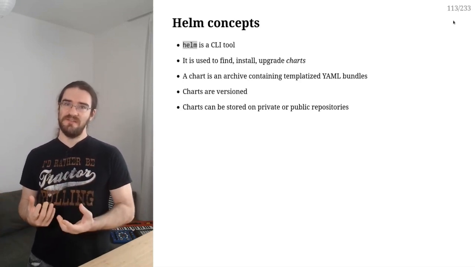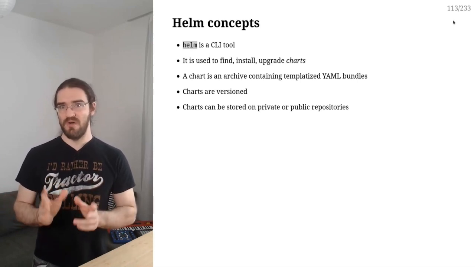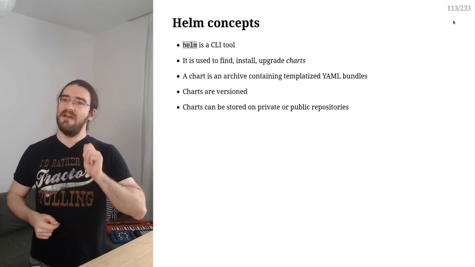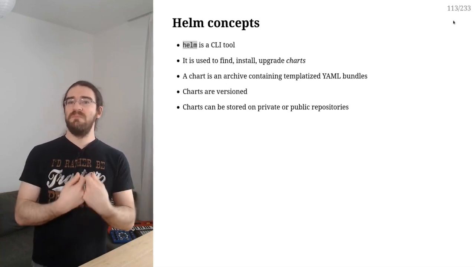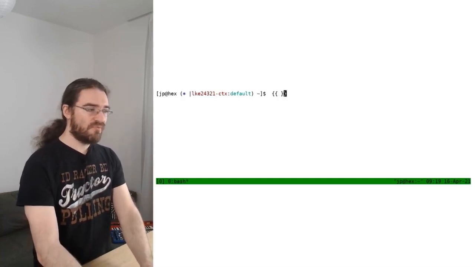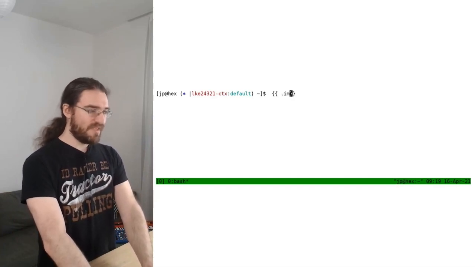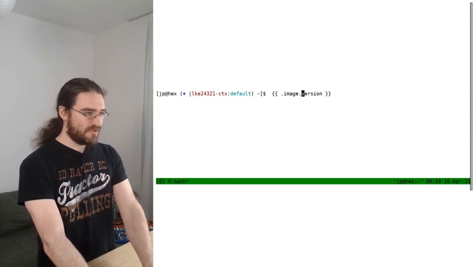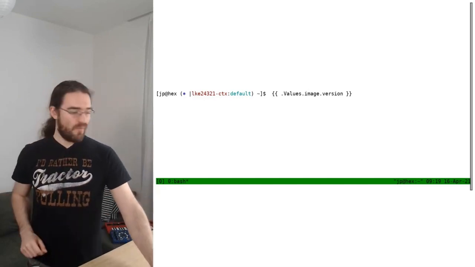A chart is basically a tarball, an archive, with a bunch of YAML files, like Kubernetes manifests, but they are not exactly YAML files, they are YAML files with templates in them. Templates as in double curly braces and expressions like this, .image.version, something like that. Well, it's going to be more something like .Values.image.version, but we're going to get there in time.